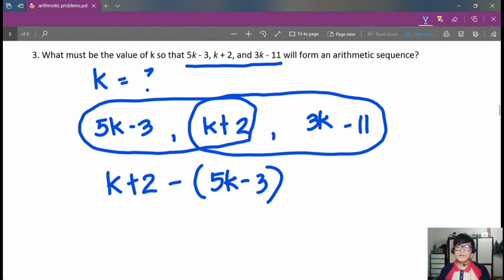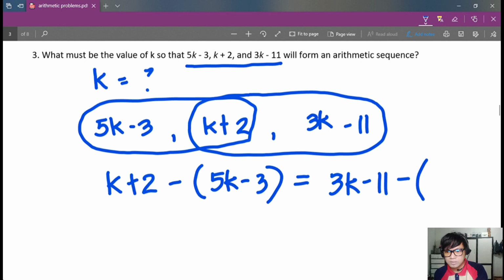Okay, yan yung first natin. Is equal to common difference naman ng dalawa. So, you write first the second term, itong dalawa pair, second term, which is 3k minus 11 minus k plus 2.